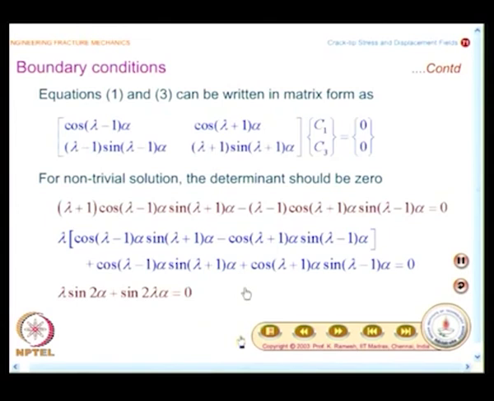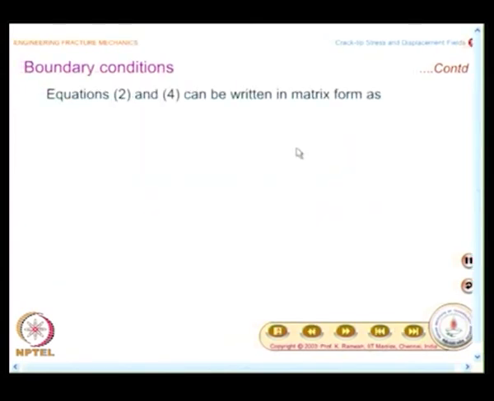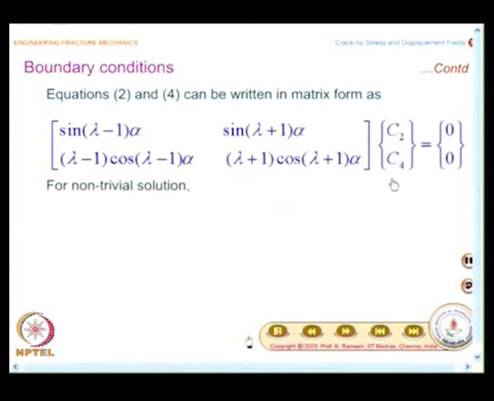I would have another set of expressions. This is one set of conditions relating C1 and C3, because I need to solve for all 4 coefficients. When I group the coefficients C2 and C4, I could cast this basic equation: sin((lambda minus 1) alpha), sin((lambda plus 1) alpha), and (lambda minus 1) cos((lambda minus 1) alpha), (lambda plus 1) cos((lambda plus 1) alpha), multiplied by C2 and C4, which is 0 0 here.